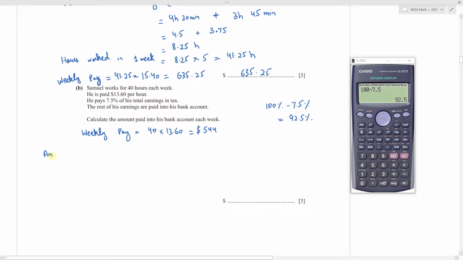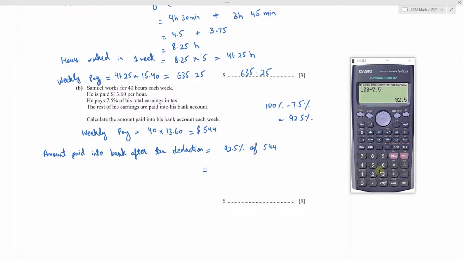So the amount paid into bank after tax deduction is equal to 92.5% of the total pay, which is 544. So this will be 92.5 divided by 100 multiplied by 544, which is equal to 503.2, or you can say 20 cents.